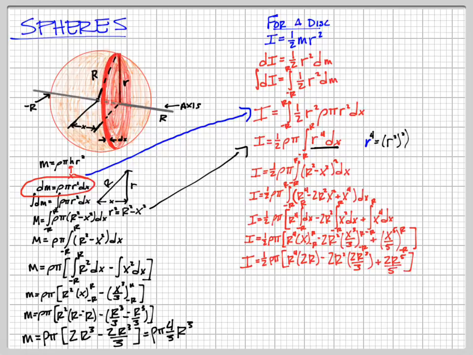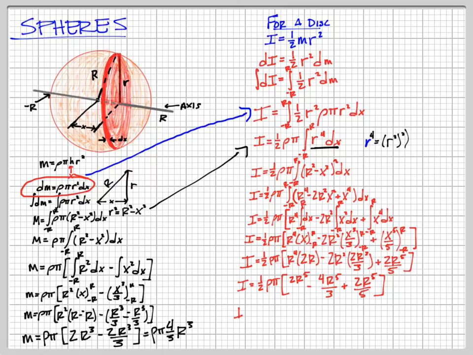So at this point we are done with all of the calculus. So now we're going to combine like terms and come up with a common denominator. We know that common denominator is going to be 15. So 1/2 rho pi times 2r to the fifth, minus 4/3 r to the fifth over 3, plus 2r to the fifth over 5.